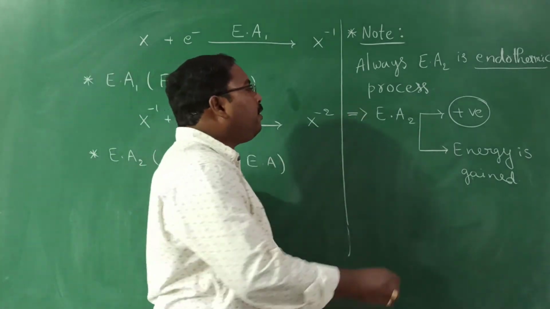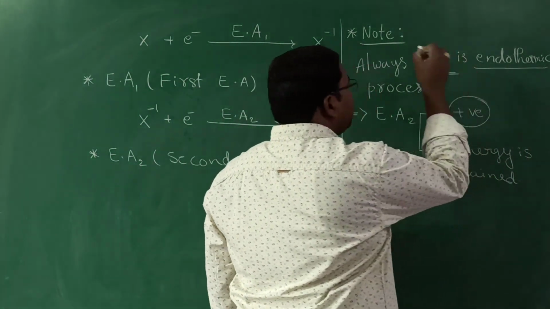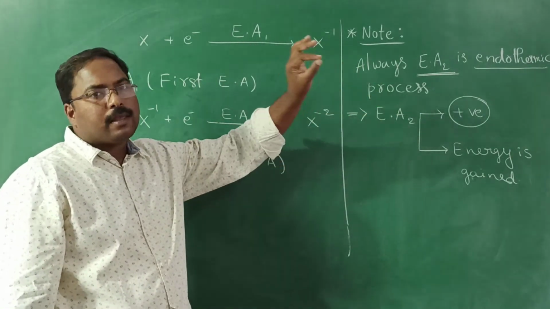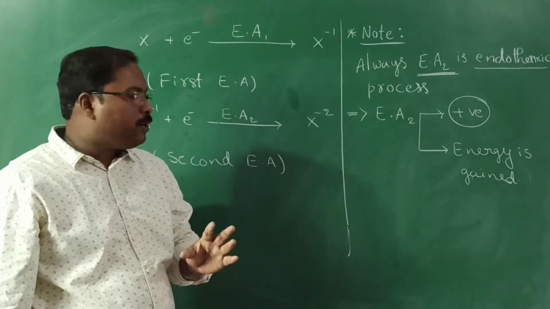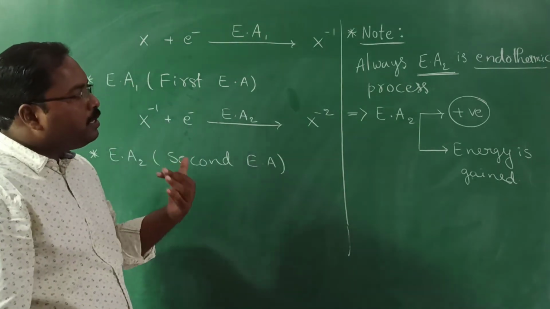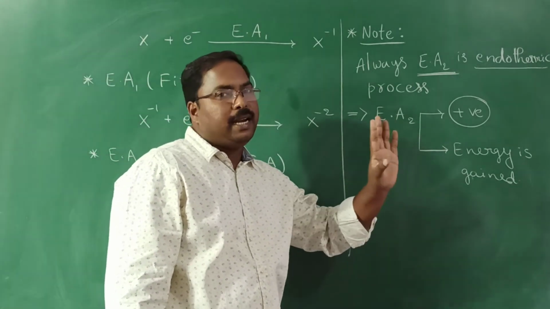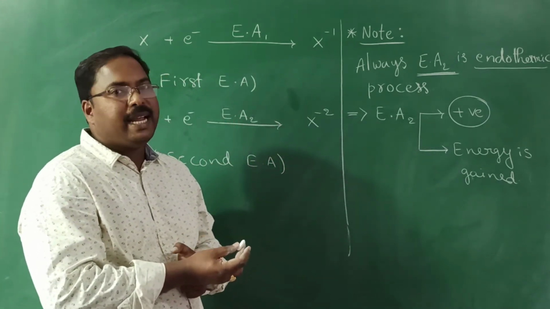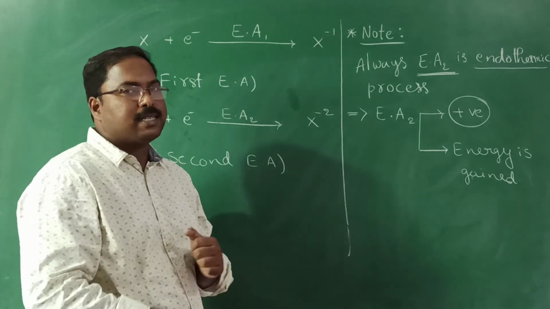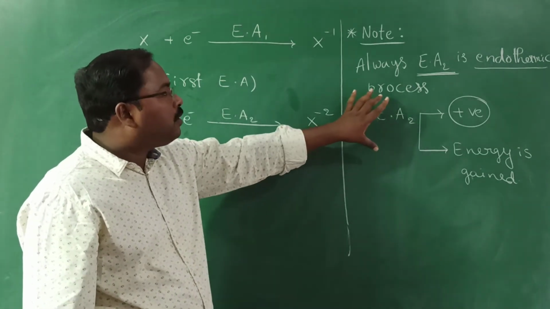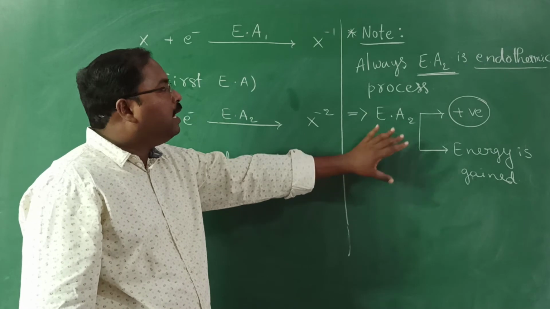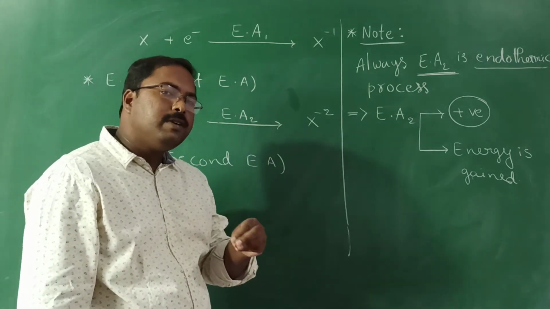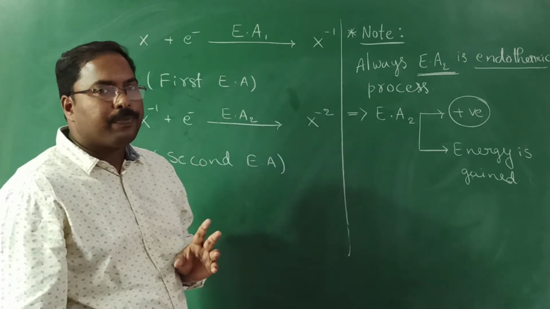So second electron affinity is always endothermic, meaning whenever the second electron is added to the uni-negative ion, energy will be gained, instead of released. Why it is gained, we will discuss. But first, note down clearly in the notes: second electron affinity values are always endothermic, nothing but always positive. Right?